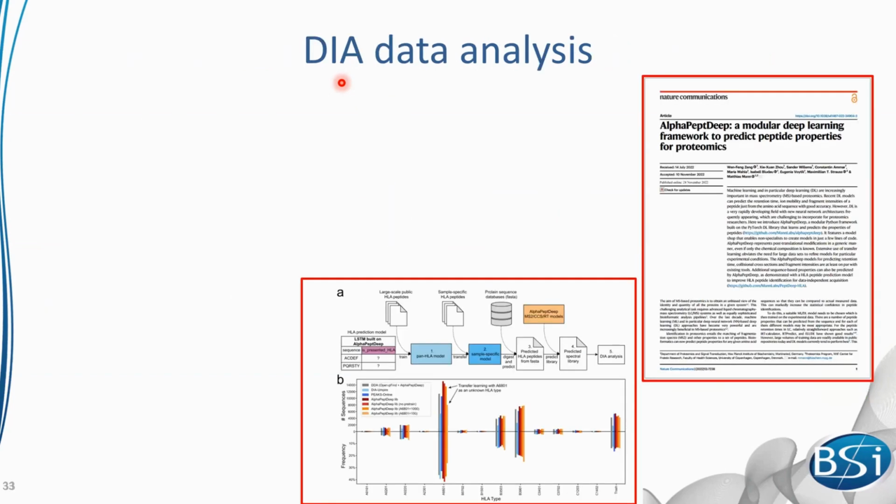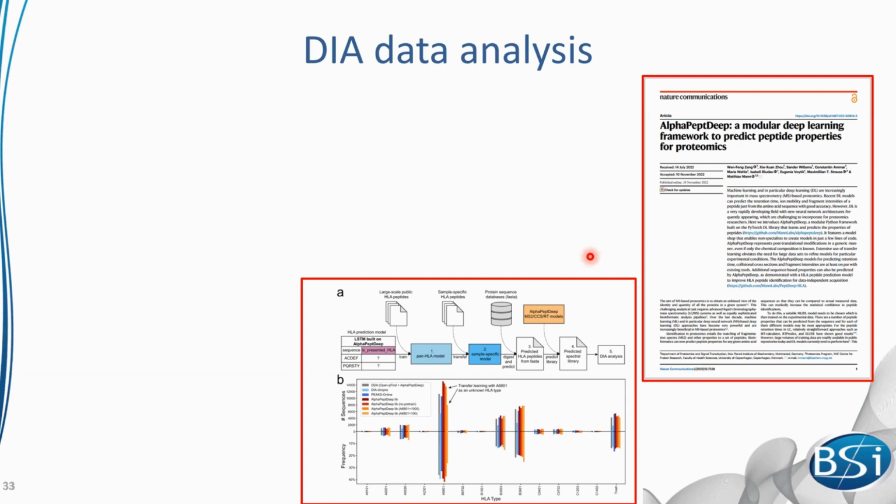Then we move to the DIA data. We do not compare our results with the original paper, but with a paper from last year from Dr. Matthias Mann's group from Germany. They used their deep learning models to reanalyze the DIA data.